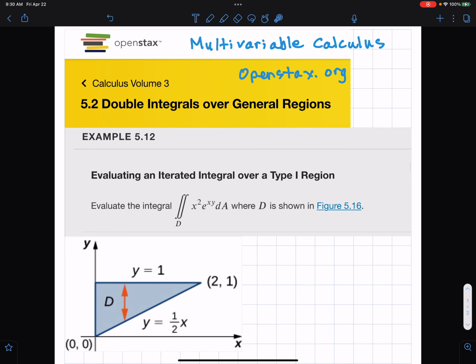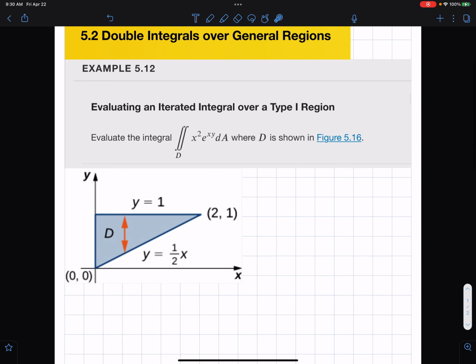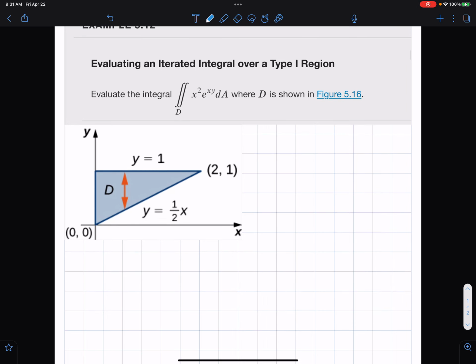What we have is an integral over a function, which is possibly thought of as volume over a region D. If I were to draw the three-dimensional picture, I have a region D that's in the XY plane.